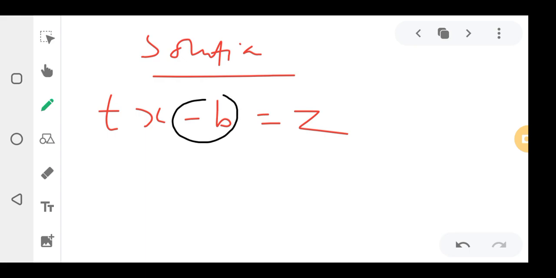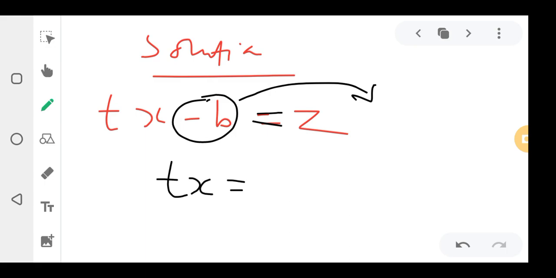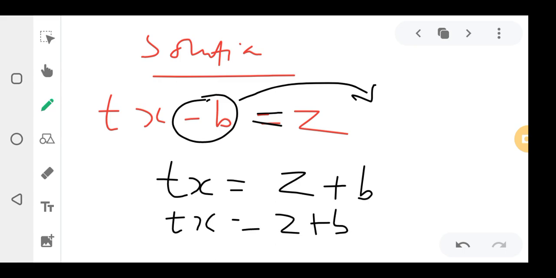This is b. B doesn't have x. So this negative b will cross the equal sign to go this side, and since it's negative, when it crosses it becomes positive. I remain with tx, since I'm trying to make x a subject, so I have to remain with the term that has x. So it becomes z plus b, and tx is equal to z plus b.